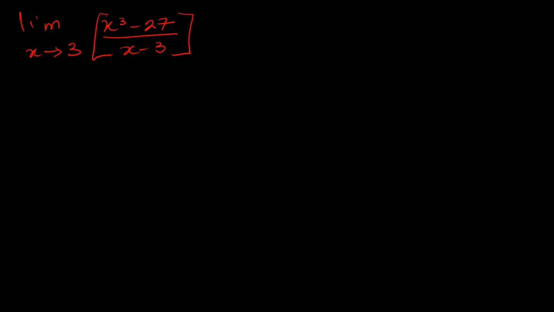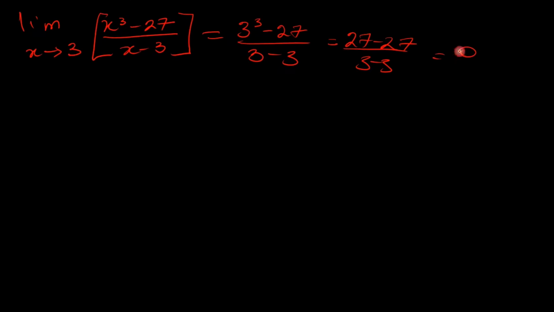So let's start doing direct substitution and see what we will yield. We have 3 cubed minus 27 all over 3 minus 3. 3 cubed is 27. 27 minus 27 over 3 minus 3. This gives us 0 over 0, which is undefined. Just like what we just saw.